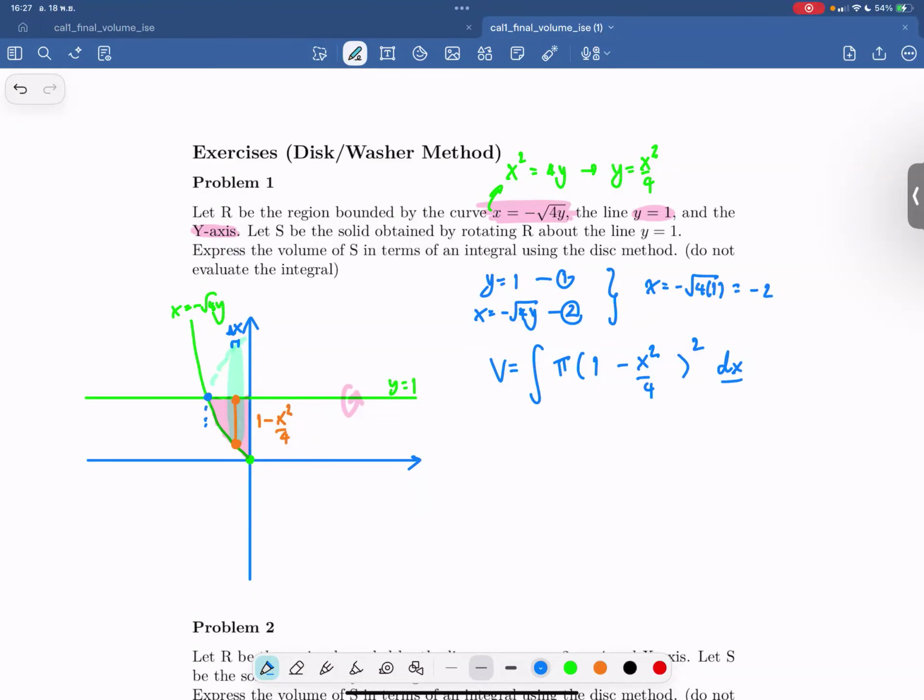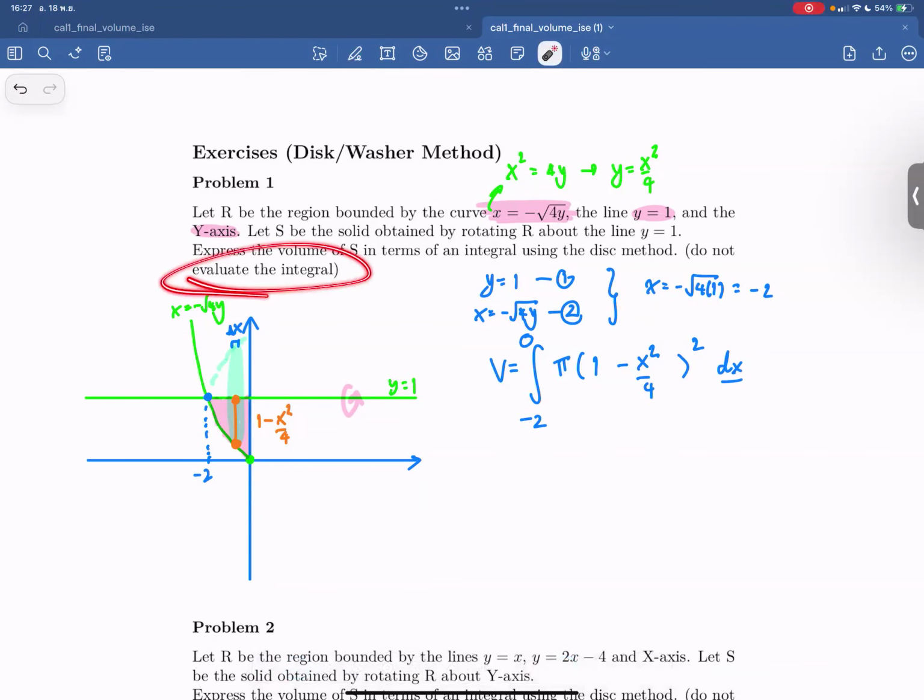So this one should be minus 2 to 0. Okay, next we just calculate, but this problem tells that I don't have to evaluate the integral, so I will leave it like this, and this is the answer.